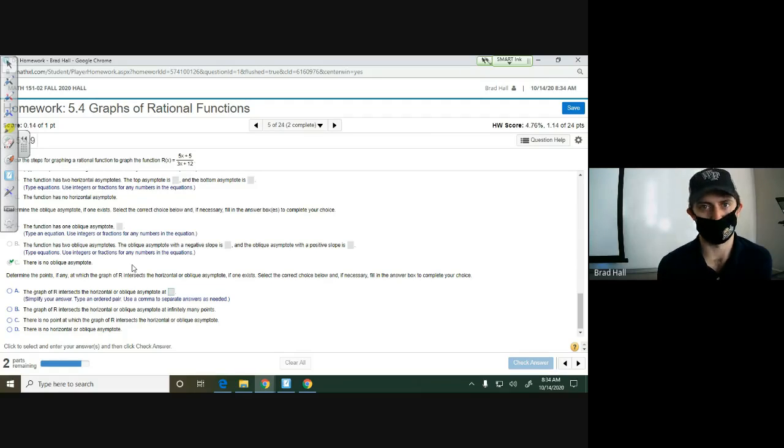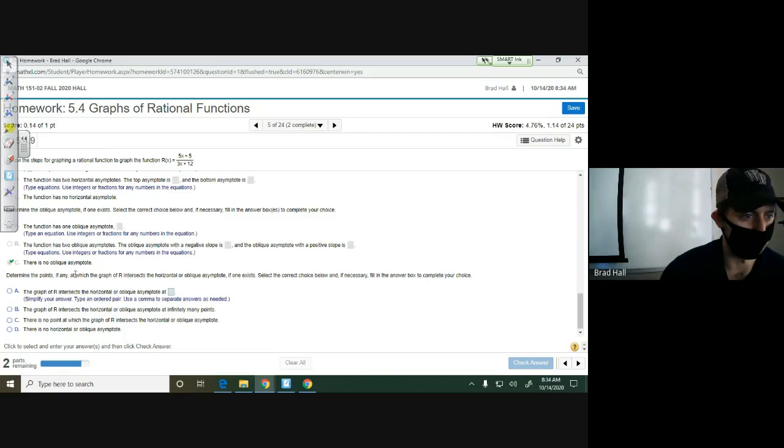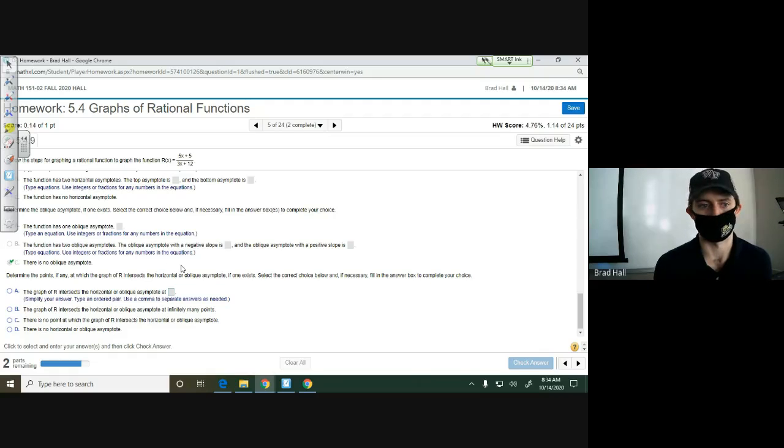But horizontal asymptotes, you can cross through them. It's the vertical ones you cannot cross through, as I mentioned in the video. So here, what we need to figure out is which values the graph intersects the horizontal asymptote at.